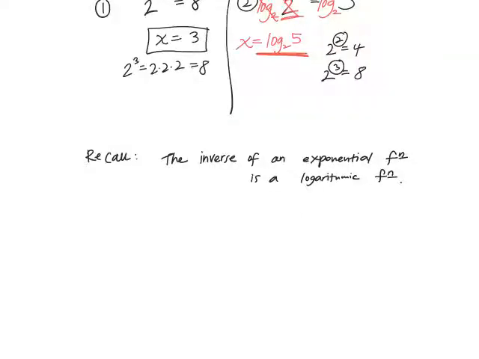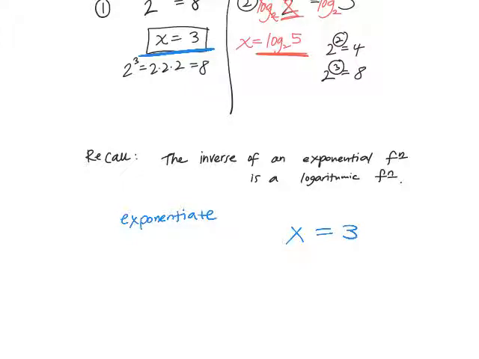Just as you can take the log of both sides of an equation, you're also able to do something called exponentiation. So you can exponentiate both sides of an equation. Here's what I mean. Let's say we have x equals 3. If I want to make those into the exponents, I can exponentiate both sides by the same base.